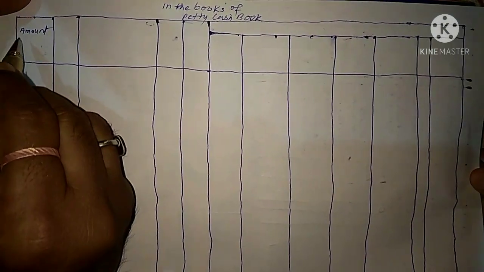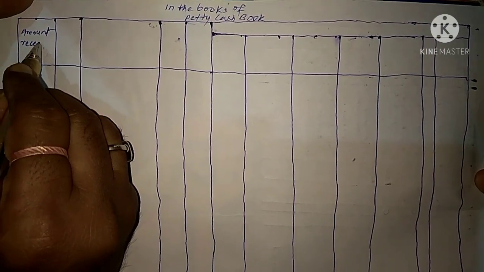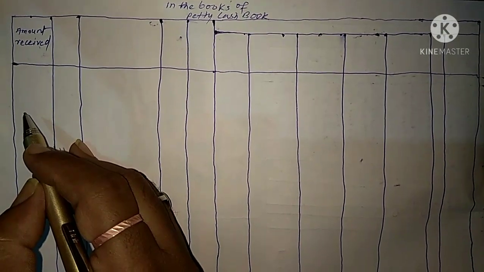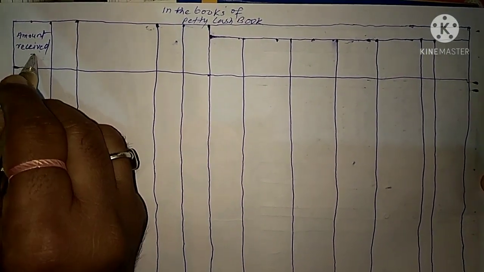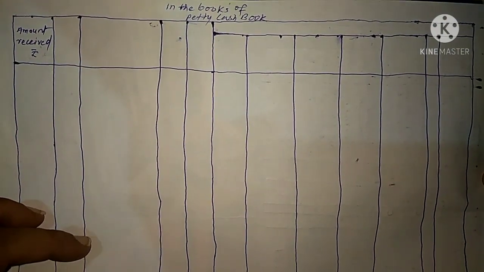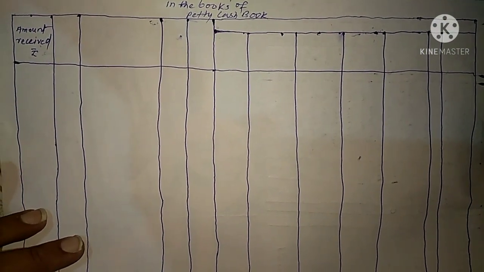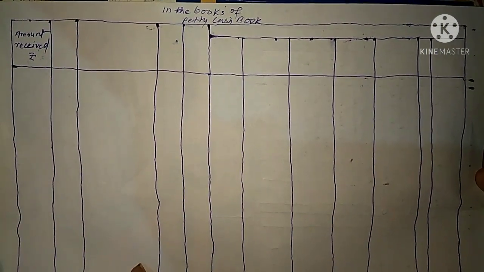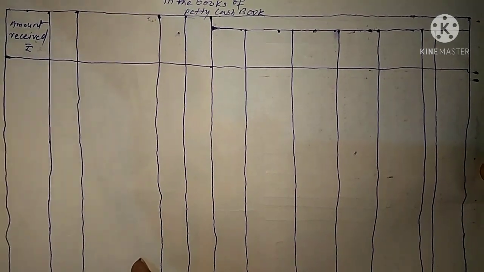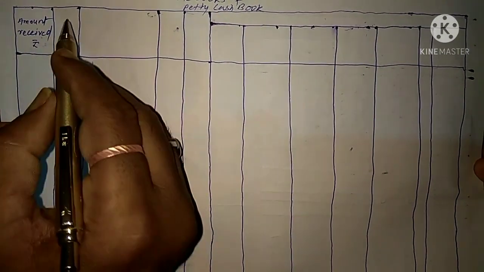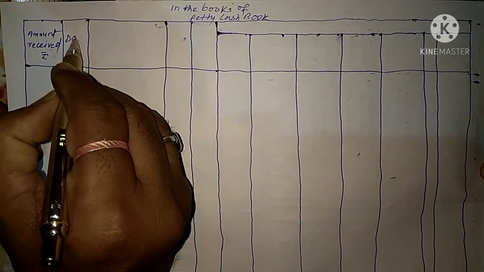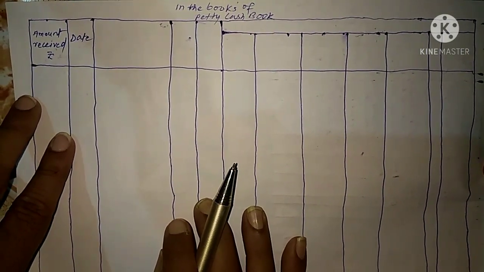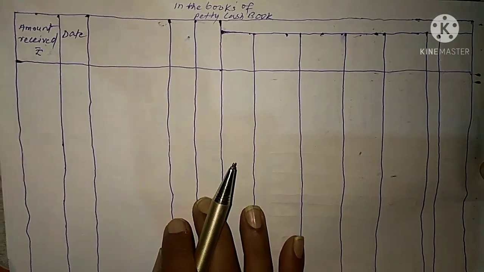Amount received, that is in rupees, and then the second column is there. In the second column we have to write the date. And in the third column we have to write particulars.